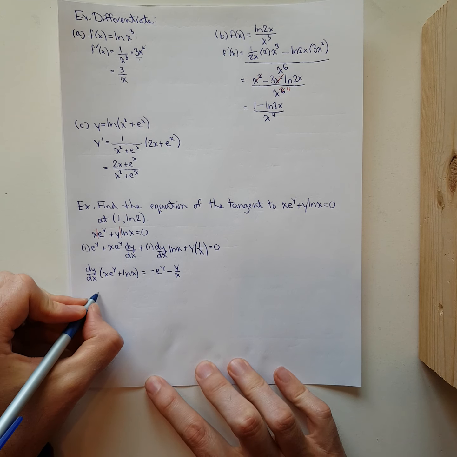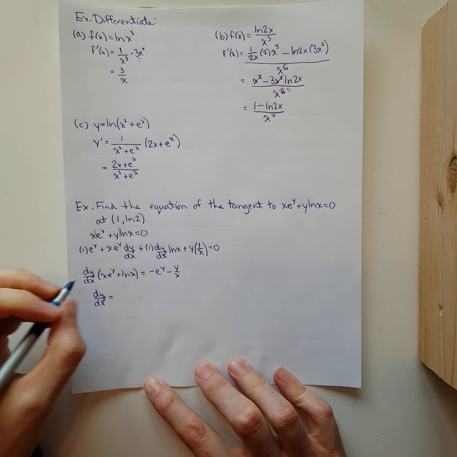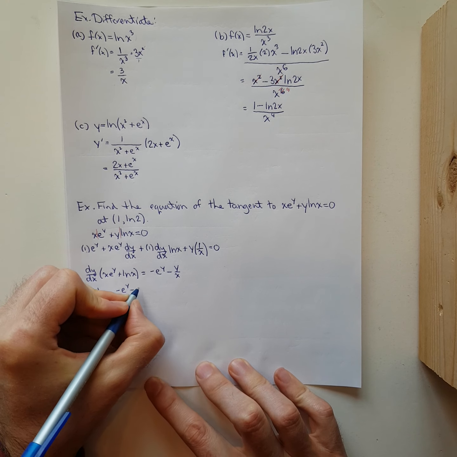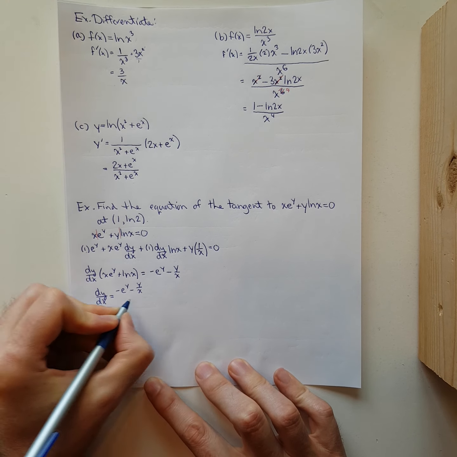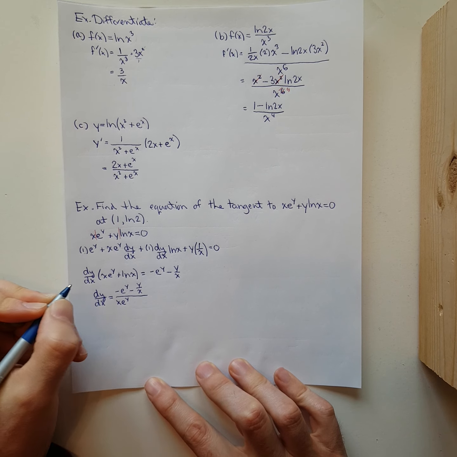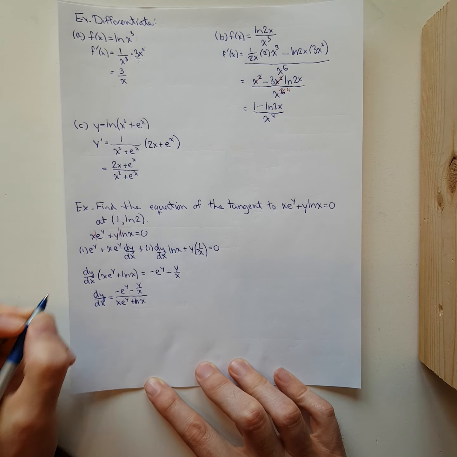Lastly, if we isolate dy by dx, dy by dx will be negative e to the exponent y minus y over x, all over x e to the exponent y plus ln x.